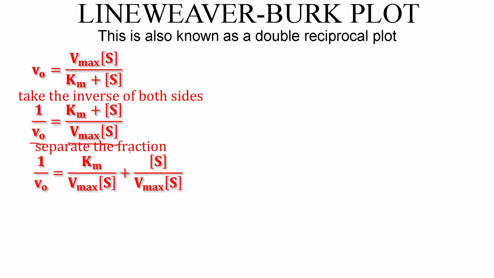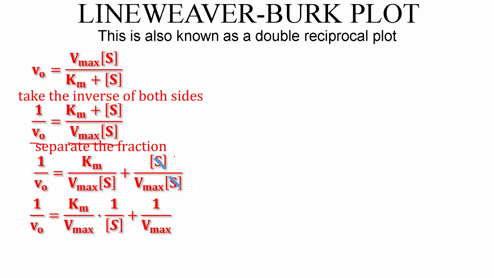So we are going to separate this fraction. When we separate them, we have 1 over v0 is equal to Km over Vmax multiplied by s, plus s over Vmax multiplied by s. So this s cancels this s, and we are left with 1 over v0 is equal to Km over Vmax multiplied by 1 over s, plus 1 over Vmax.